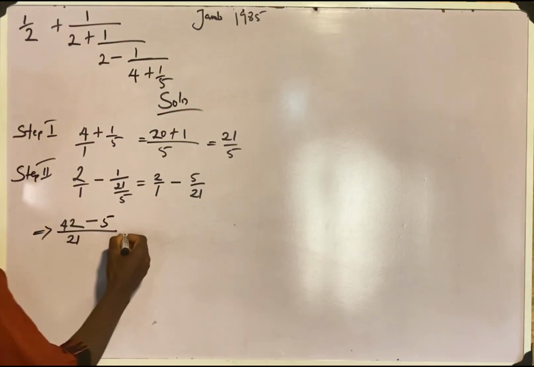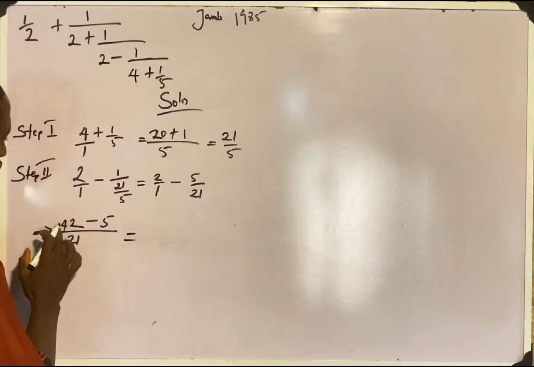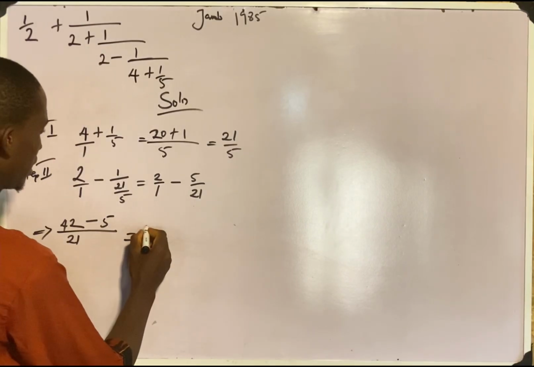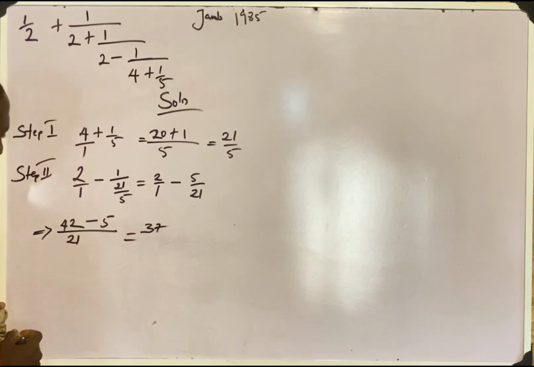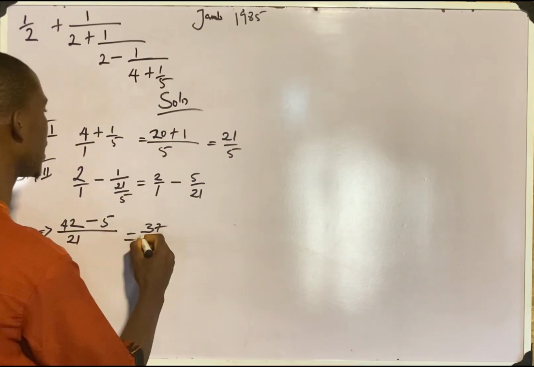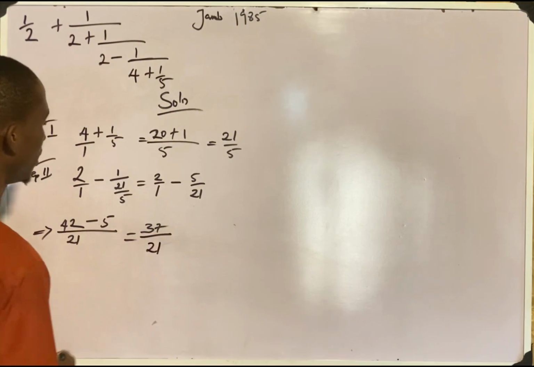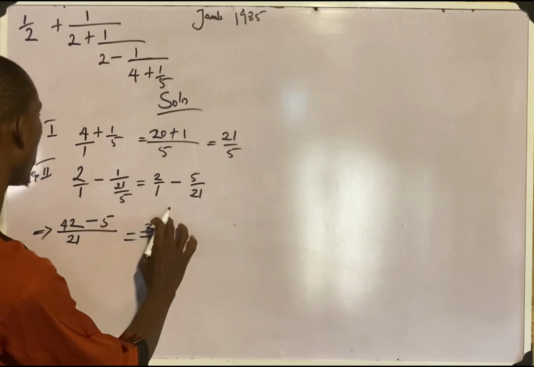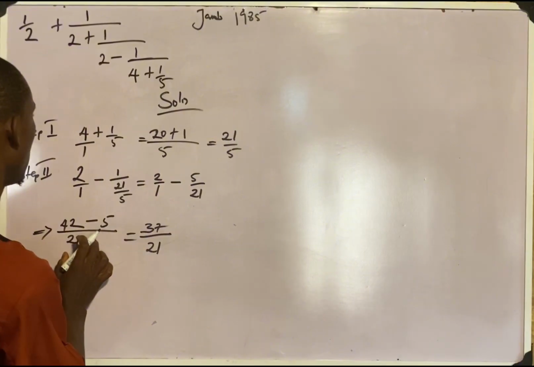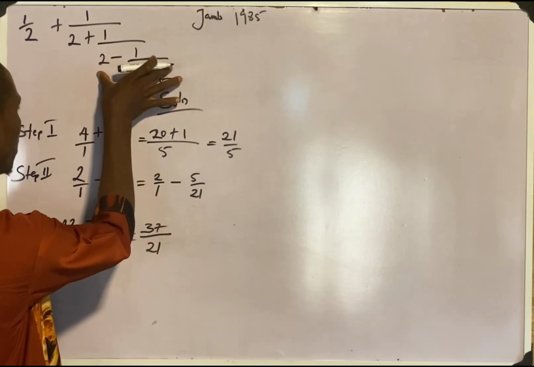So that is equal to 42 minus 5, which is 37, so that's 37 all over 21. So that is our fraction. That is the answer for this particular fraction.